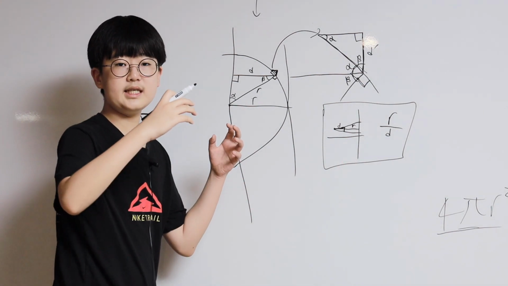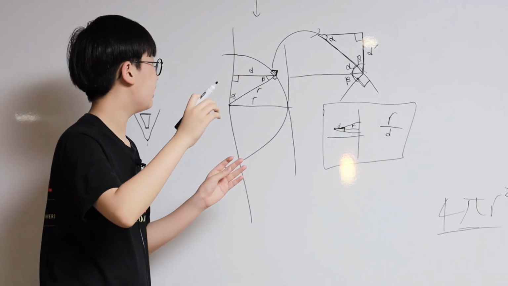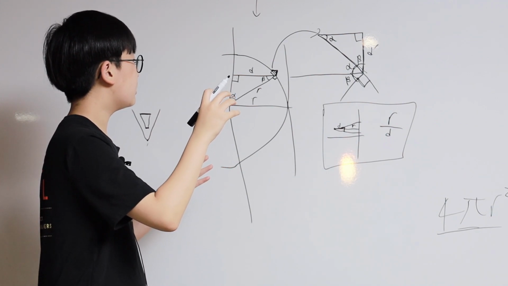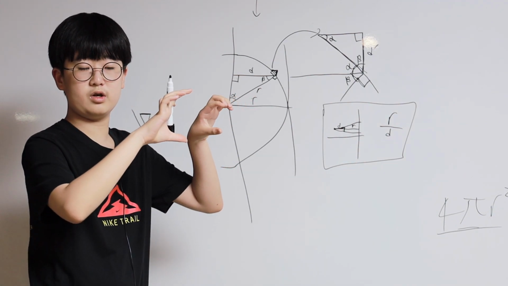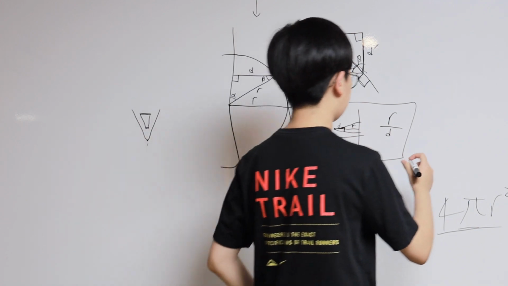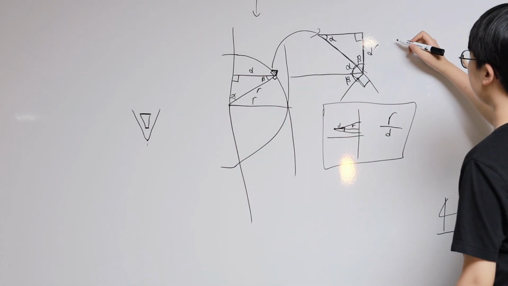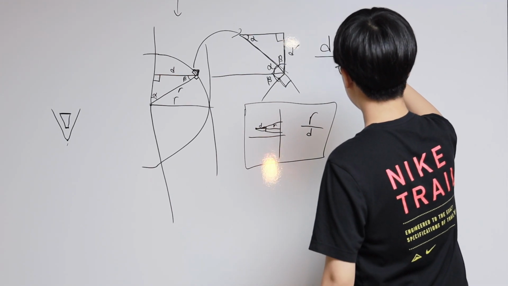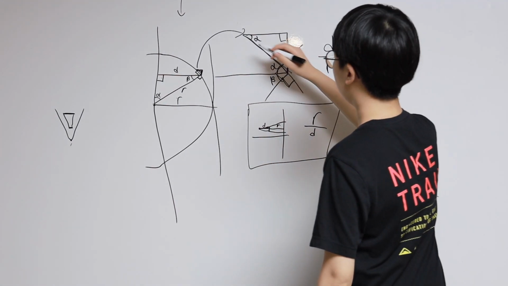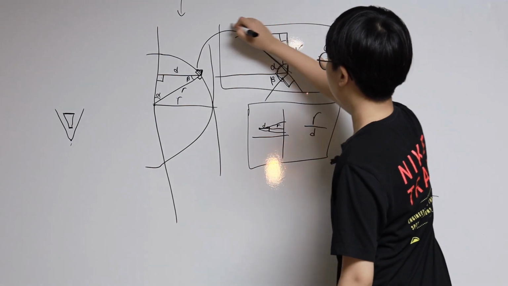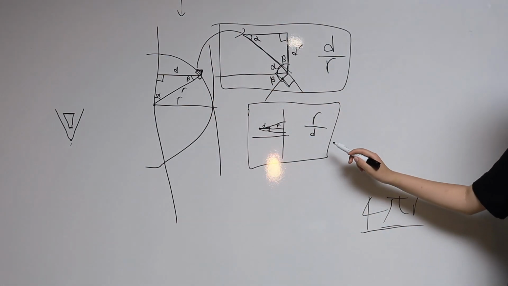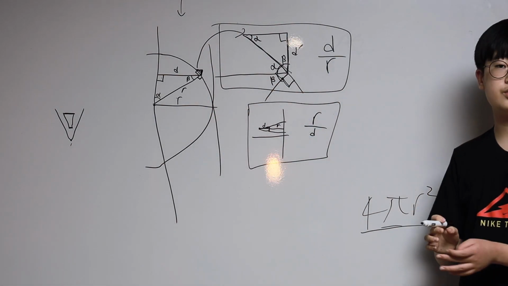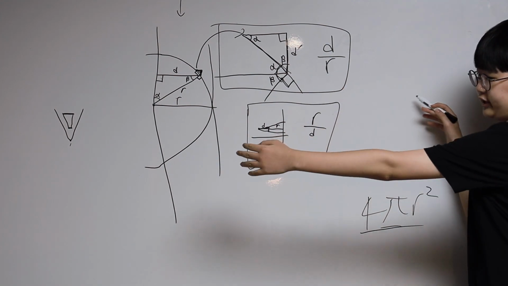When D decreases, the square's height also squishes more, so we can say that this part is D over R. These are the two scale factors of the squishing and stretching.